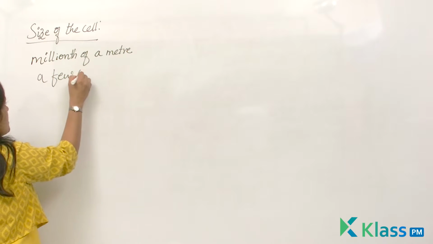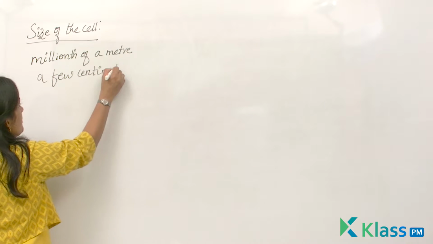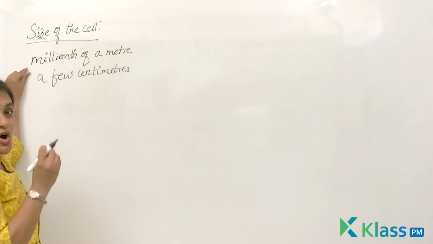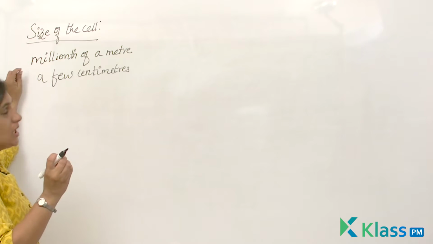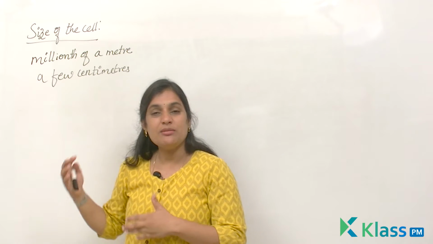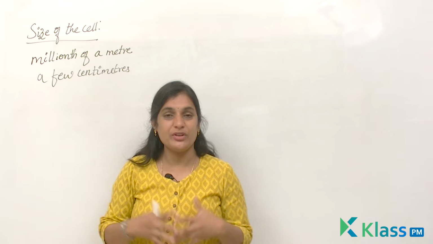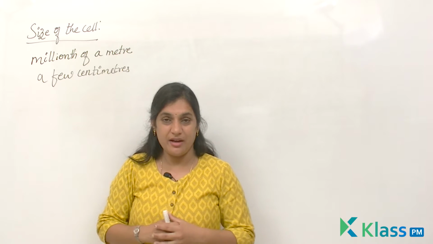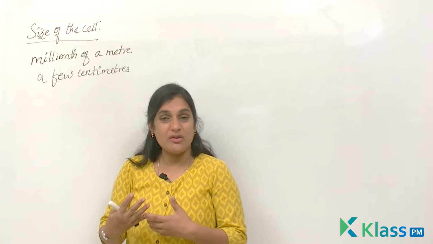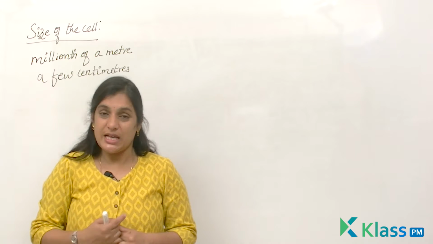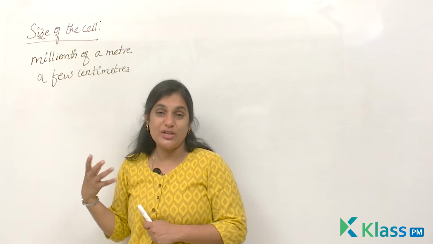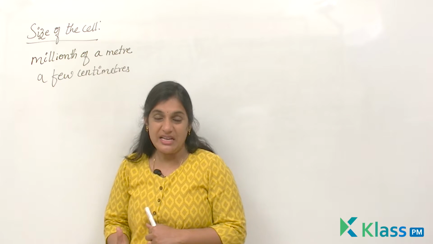You can see that the size of the cell can be as small as a millionth of a meter and sometimes a few centimeters. Most of the cells are microscopic. We cannot see them with the unaided eye, so we need a microscope to observe the size of the cell. But there are a few cells which are enlarged, where you can see them with your unaided eye.